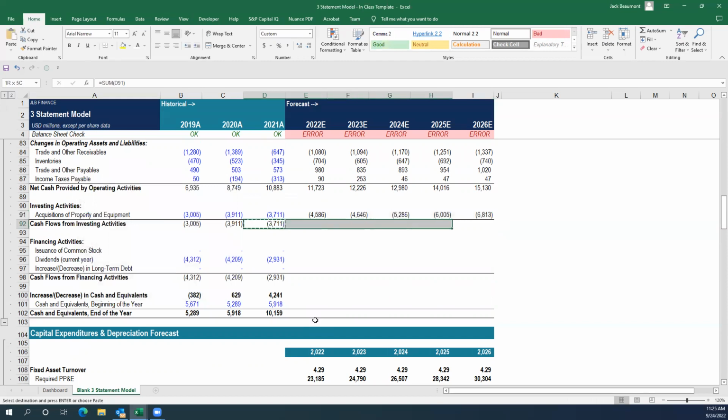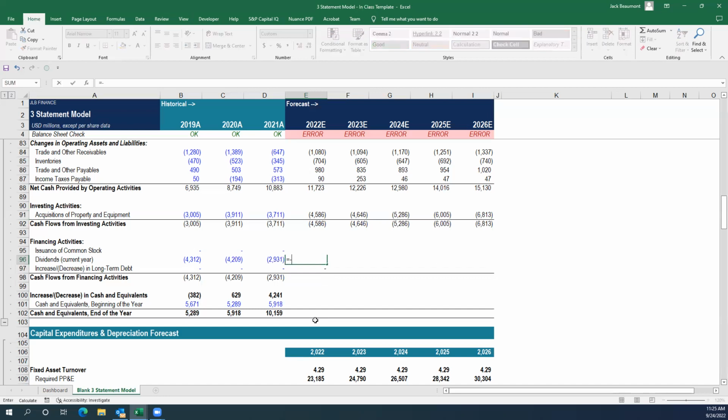And copy that across to financing. So remember I said we weren't issuing any more equity, and we weren't issuing any more debt.